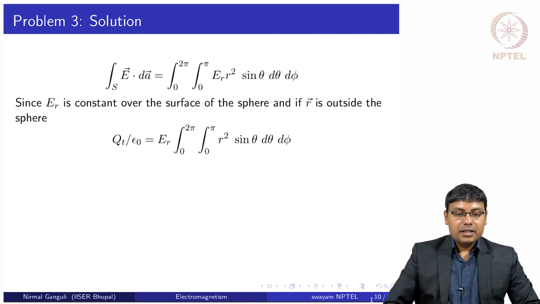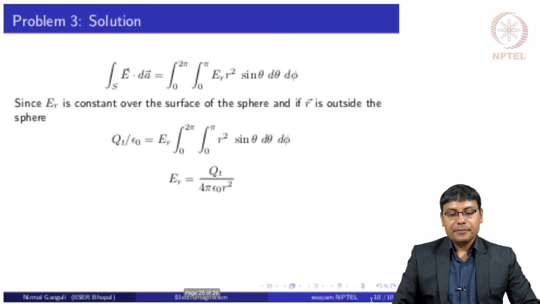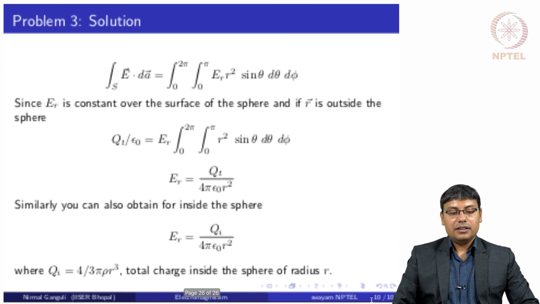So, Er is constant over the surface, and outside the sphere we can write total charge Qt over epsilon naught as Er times the integral over this surface element r squared sin theta d theta d phi over the spherical surface, where theta ranges from 0 to pi and phi ranges from 0 to 2 pi. So, Er would be given as Qt, the total charge, over 4 pi epsilon naught r squared.